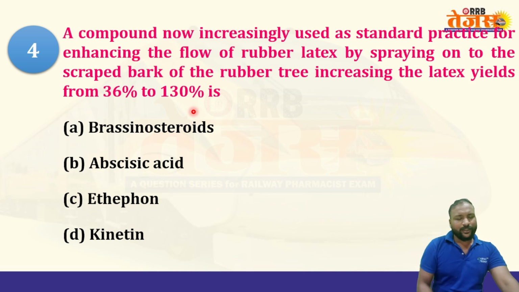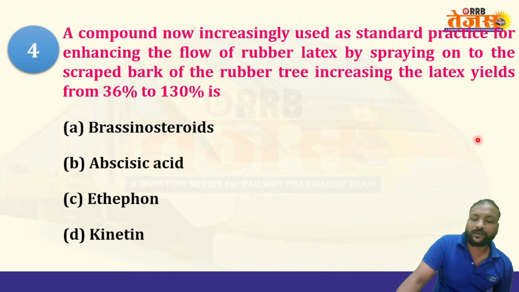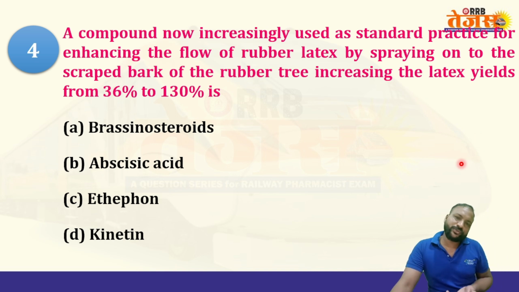To increase the yield of some secondary metabolites, like resins or any plant product, we need to add some chemicals. Option A, brassinosteroids. Option B, abscisic acid. Option C, ethephon. And option D, kinetin.